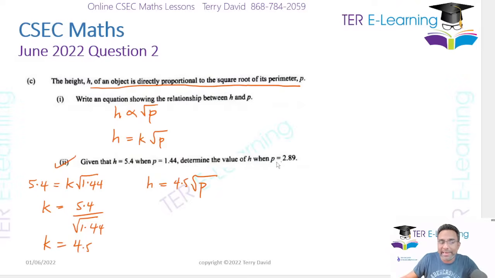So now, they said, what is the value of H when P is equal to 2.89?